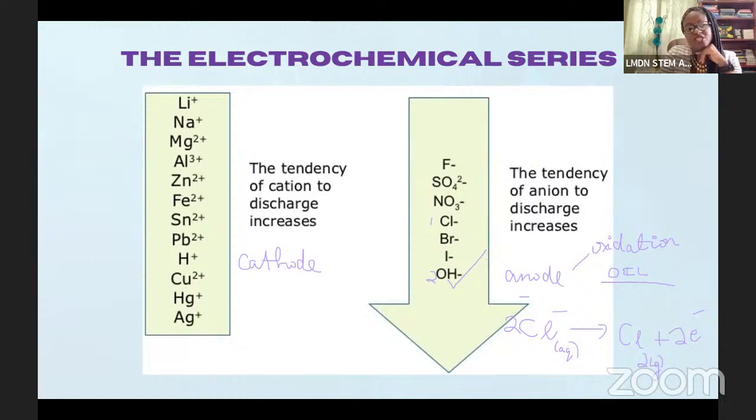So as a general rule, oxidation takes place at the anode. Oxidation is a loss of electrons, so whatever species is at the anode is going to get oxidized. Is that clear?